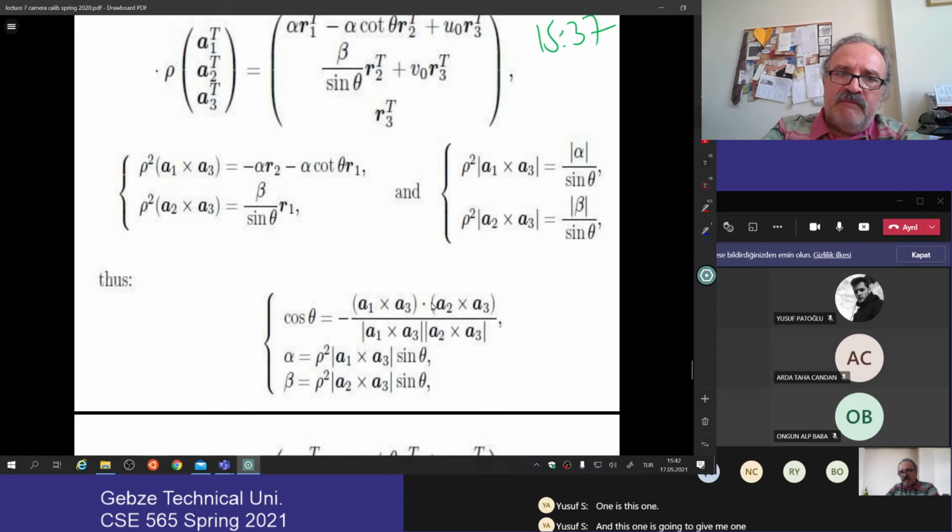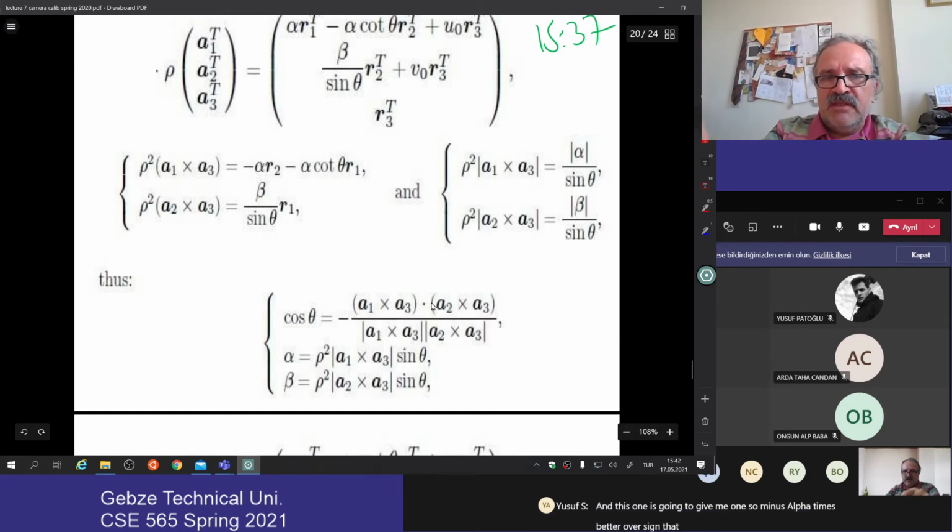So minus alpha times beta over sine theta times cotangent. Okay, I get this one.